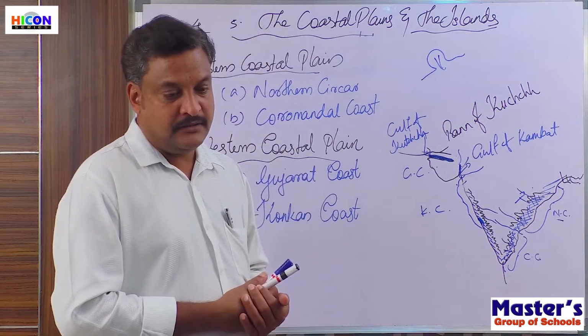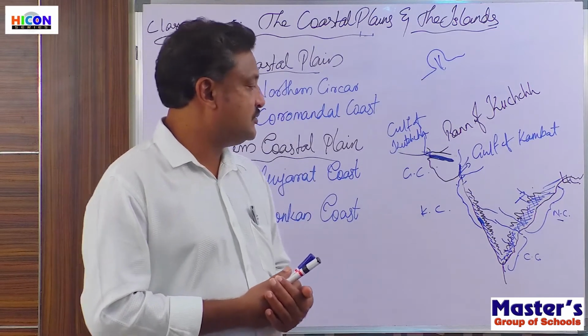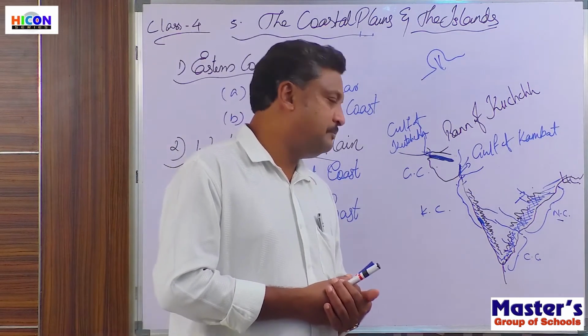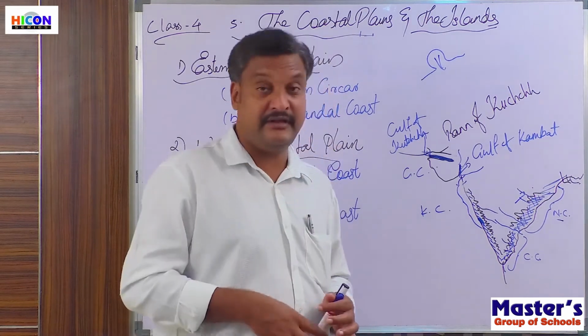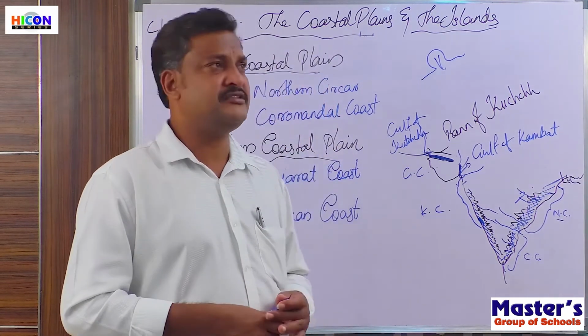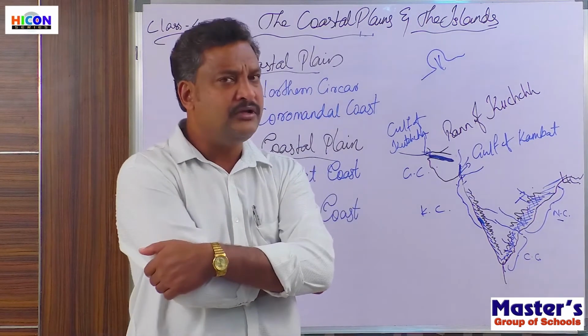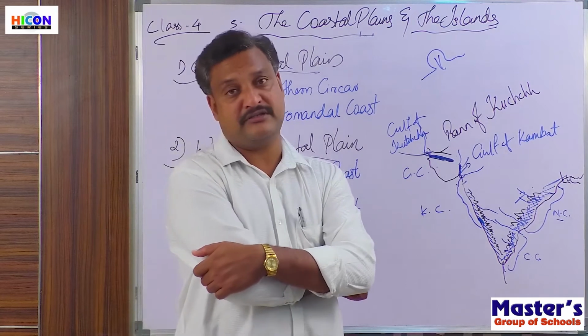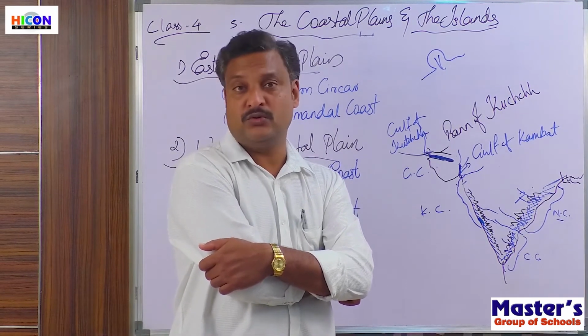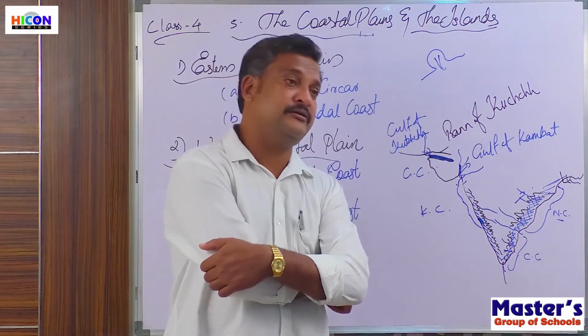Then this region is actually blessed with oil deposits. Oil deposits means what oil can we expect there? Can we expect some sunflower oil or cooking oil over there? No. Oil deposit means petroleum products, right? We know petrol, diesel, kerosene.